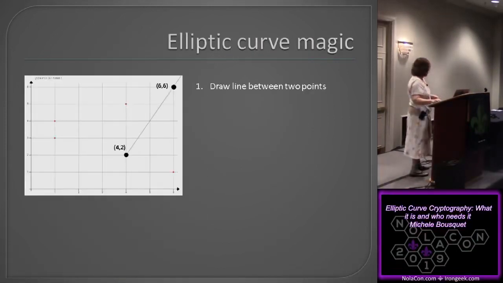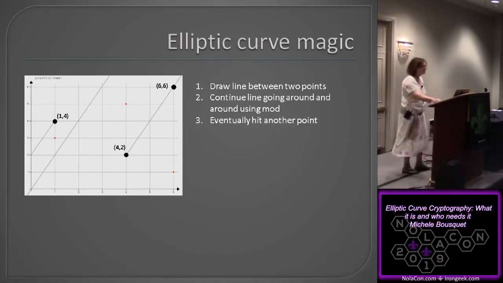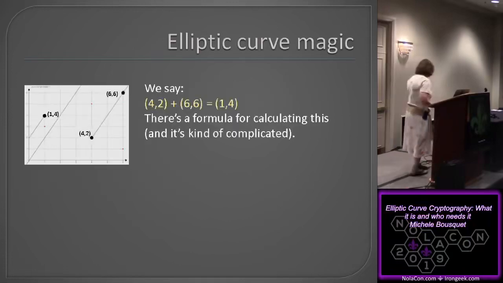So we get this line, push it back in there, and we end up landing on one of the other points on the graph. So what we say, because we finally landed on another integer point, we say that 4, 2 plus 6, 6 equals 1, 4 in elliptic curve math. All right?